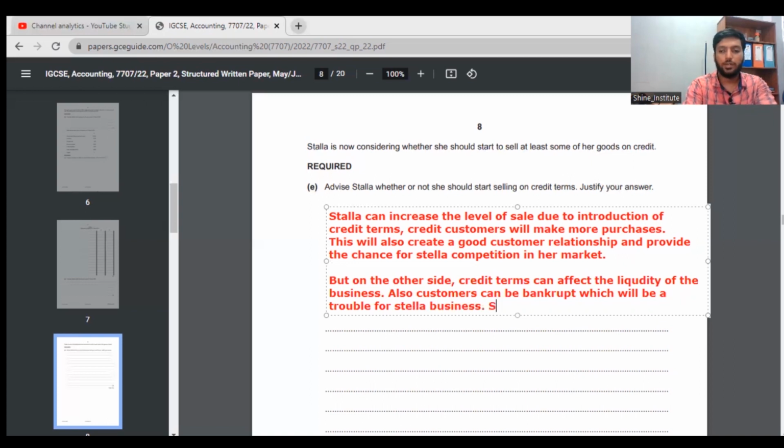Some customers even delay the payment, will also delay in making the payments. So now this is justification.